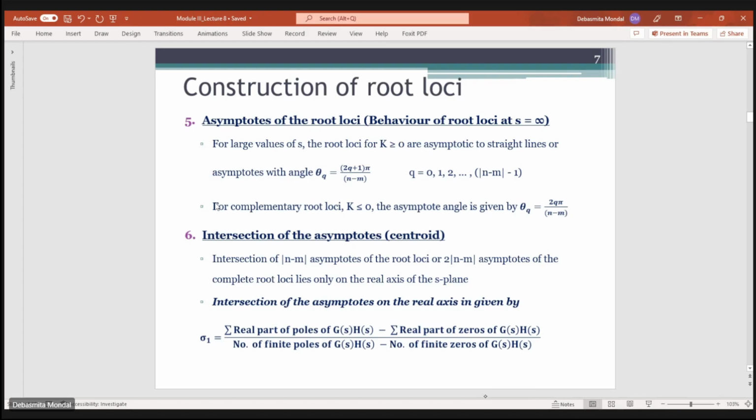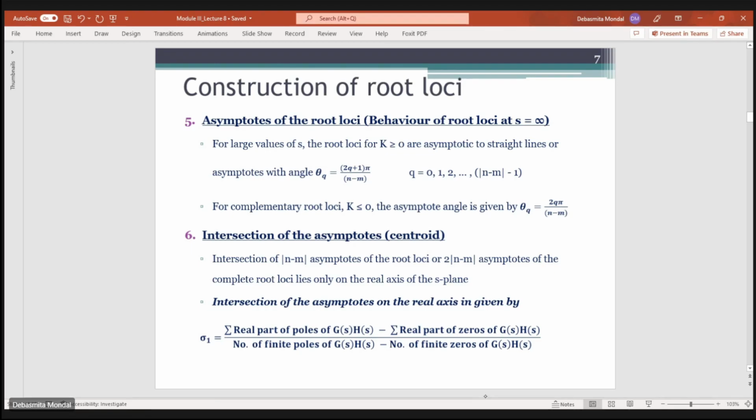Asymptote means the behavior of the root locus when s tends to infinity. For large values of s, the root locus for k greater than or equal to 0 is asymptotic to straight lines with angles theta q, where theta q is given by (2q plus 1) pi divided by n minus m, and q takes values 0, 1, 2 up to the magnitude of n minus m minus 1.